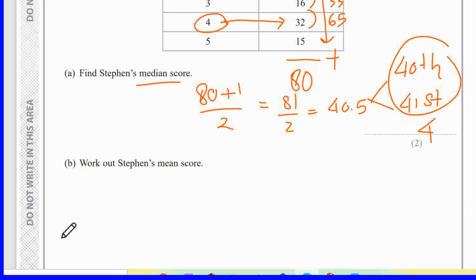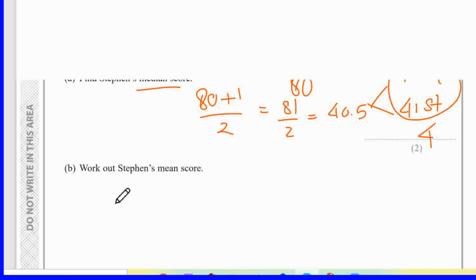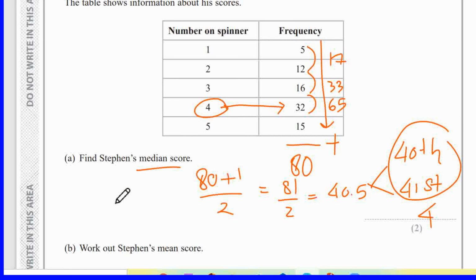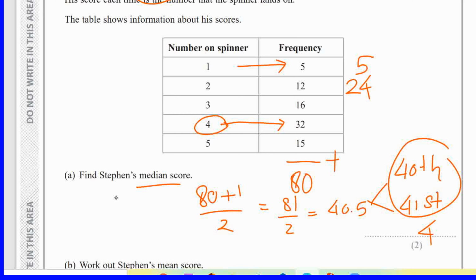Work out Stephen's mean score. Mean score means we have to multiply. 1 times 5 is 5, then 2 times 12 is 24, 3 times 16 is 48, 4 times 32 is 128, 5 times 15 is 75.